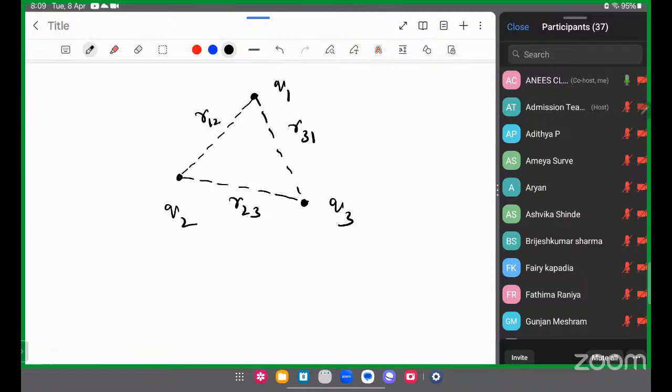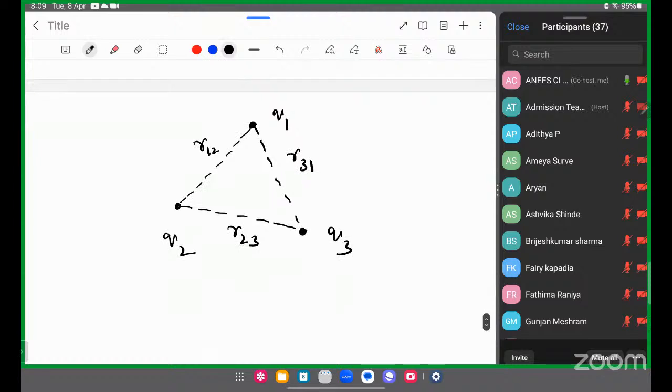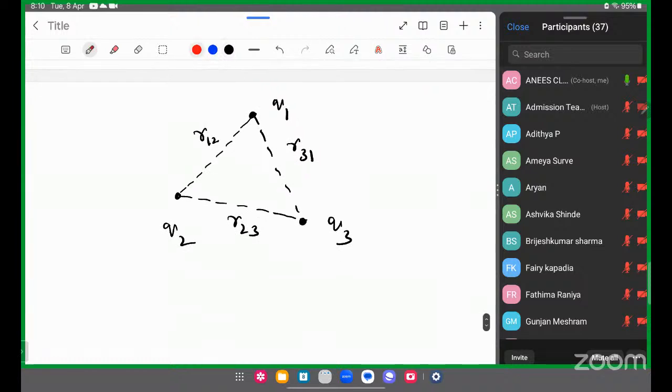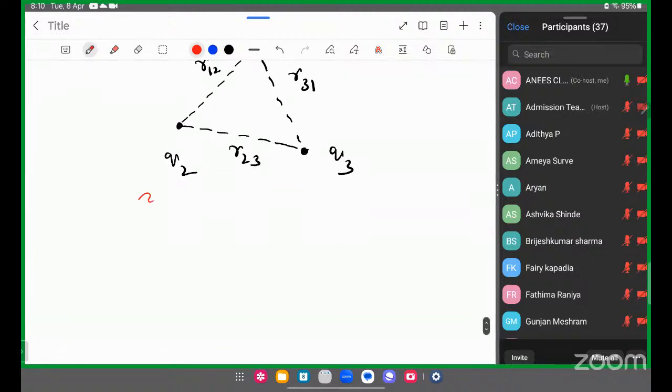So the potential energy can be given by the summation of the potential energy of all the pairs, which means the overall potential energy will be the potential energy of the 1, 2 system, plus the potential energy due to charges 2 and 3, plus the potential energy due to charges 1 and 3.